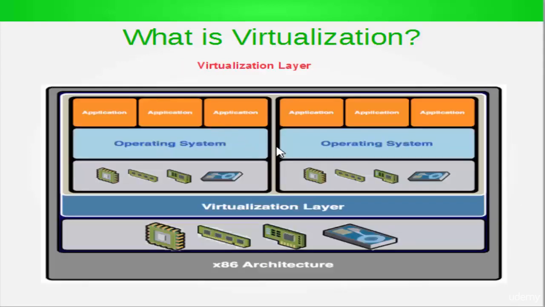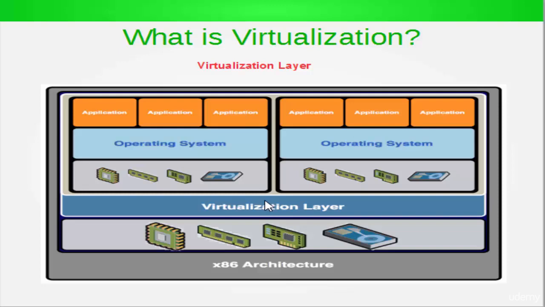Okay, now as you can see in this picture, there is the hardware layer in the beginning, and this is called the physical hardware. This layer includes the processor, the RAM, the network card, and the hard disk. Now above the hardware layer there is the virtualization layer. The virtualization layer has the ability to convert hardware layer into a virtual hardware.